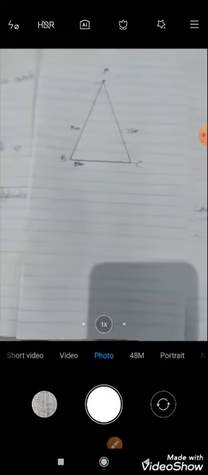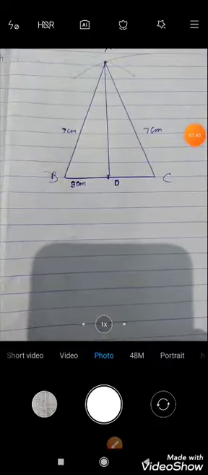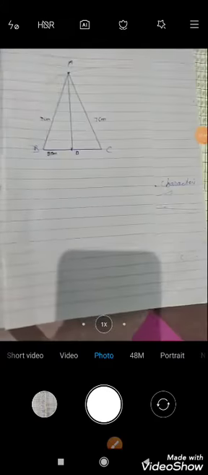So here I have a ruler, and midpoint means half, and half of 5 is 2.5. So I am going to mark 2.5. So here is a 2.5 centimeter distance from the point B. I write this point D. Now I am going to join A to D. In this way, AD is the median of the triangle ABC.